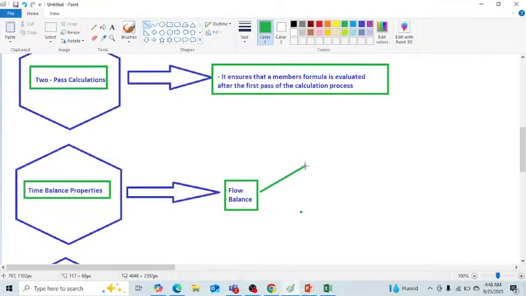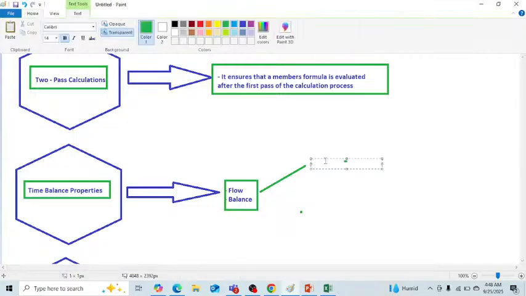Flow is about the aggregation. So we are aggregating the things.